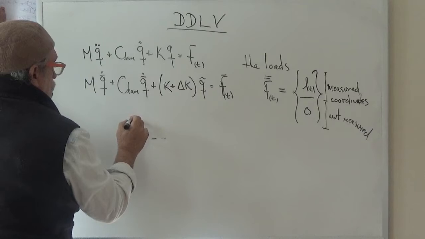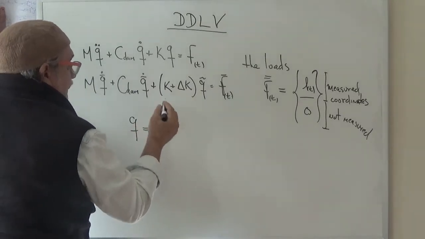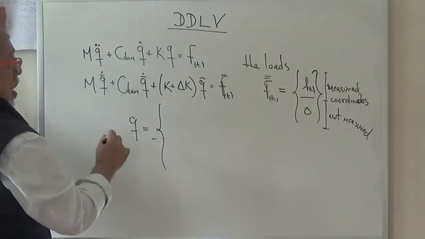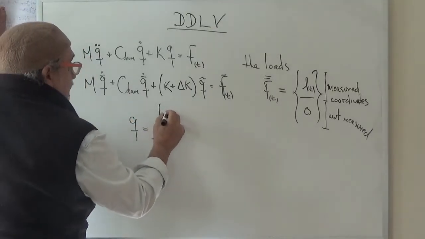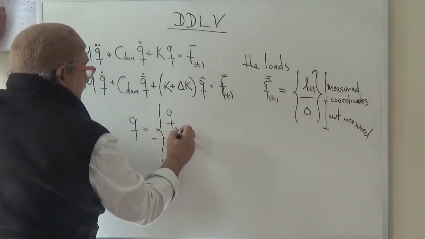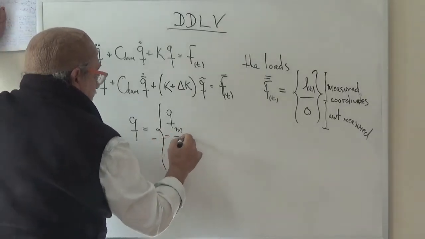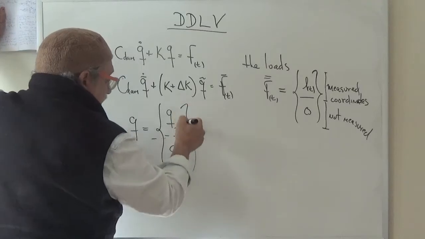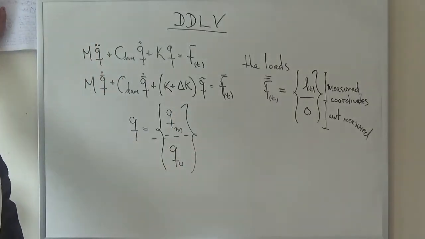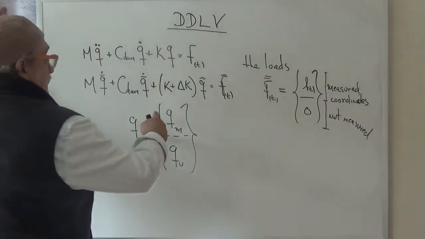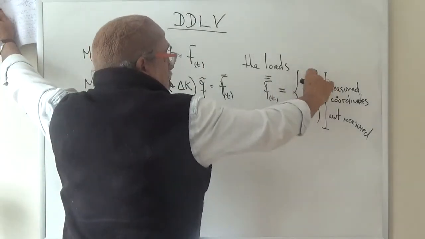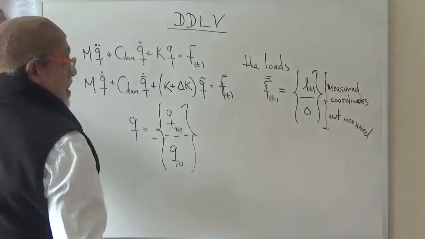Now, for convenience in the discussion, you can think in terms of this vector q. It's not really necessary when one programs or executes, but you can think of q as partitioned into the measured and the unmeasured coordinates in that order. That means that when we calculate the f's, the first partition is non-zero and the second partition is 0.